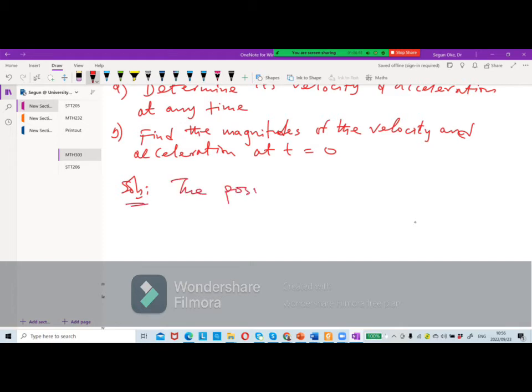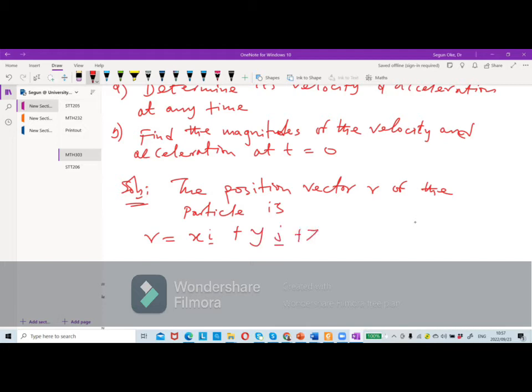The position vector r of the particle is r equals to x i plus y j plus z k. So, what is my x?